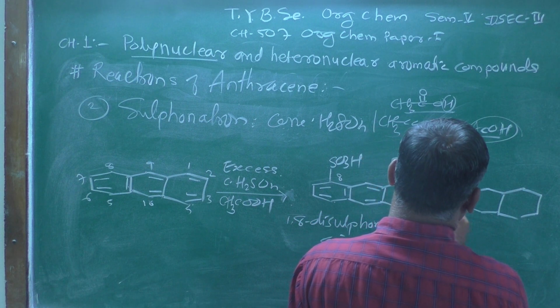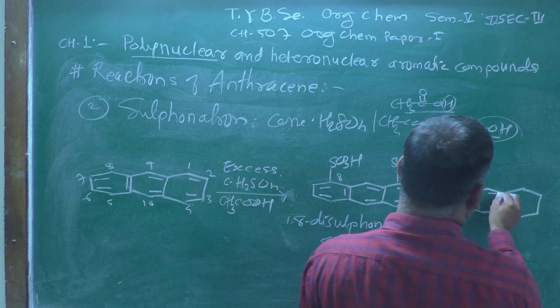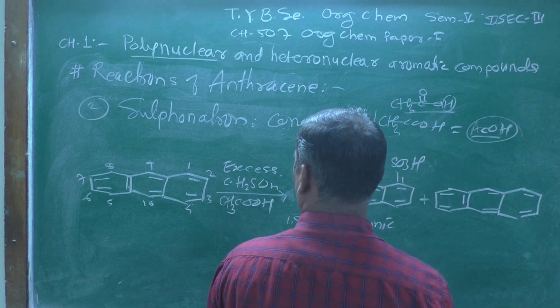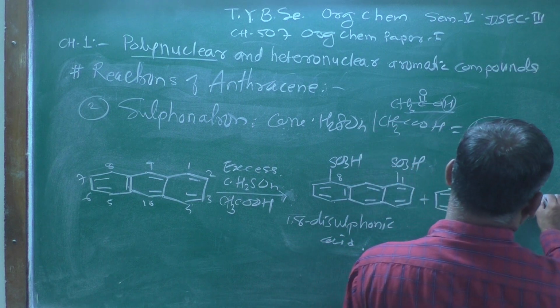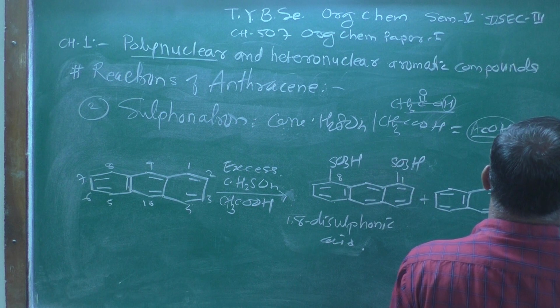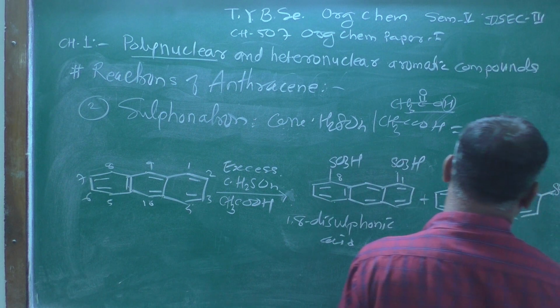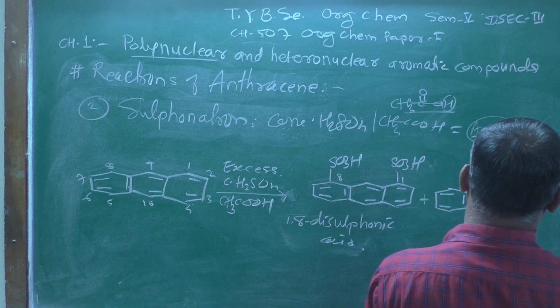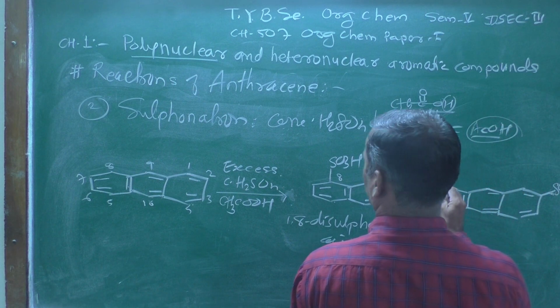In the other way round, we can get this mixture also at the 2,7 positions. Here is the 2 position where the SO3H group is introduced, and the 7 position, where is the 7 position? Here, right?